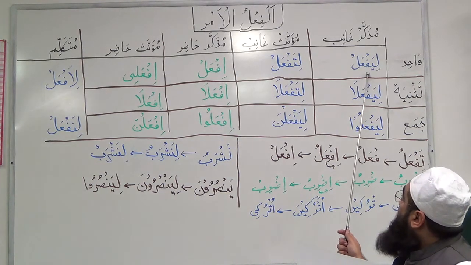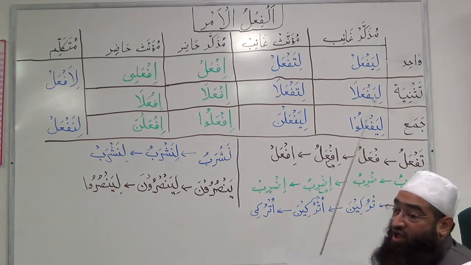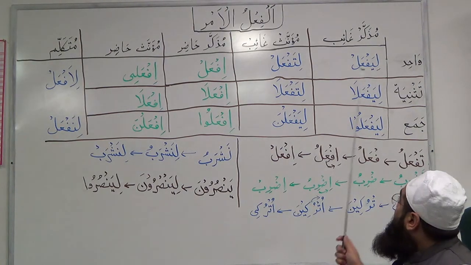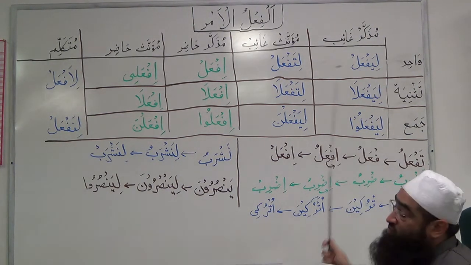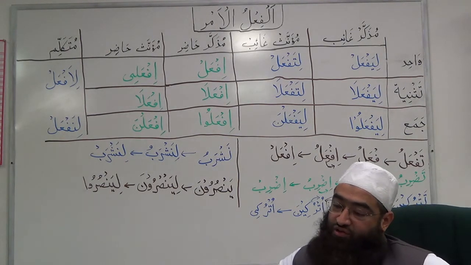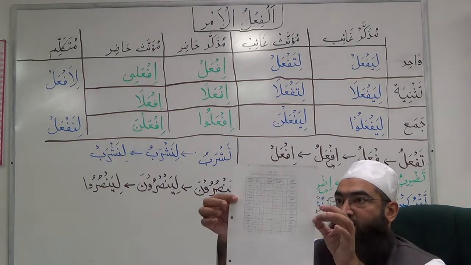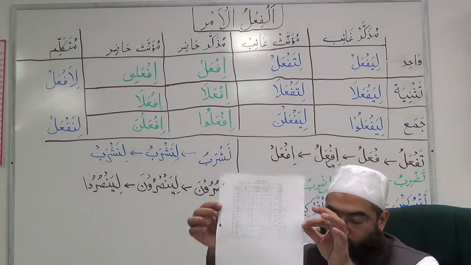Okay, yaf'alu, that one man will do, is going to do, is doing or is going to do, and then you added a lam in the beginning, and then you made the ending majzoom or with the sakin. So all of that I've written up there, it's on the table 9.1.